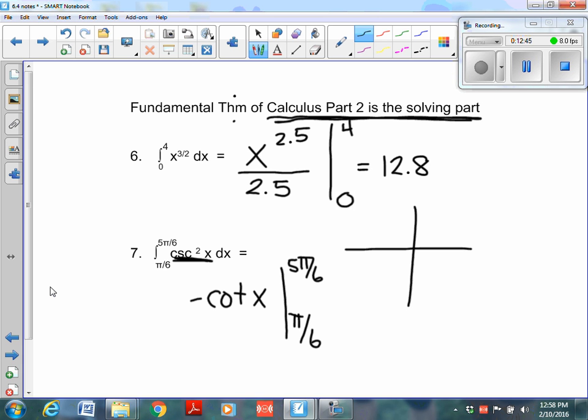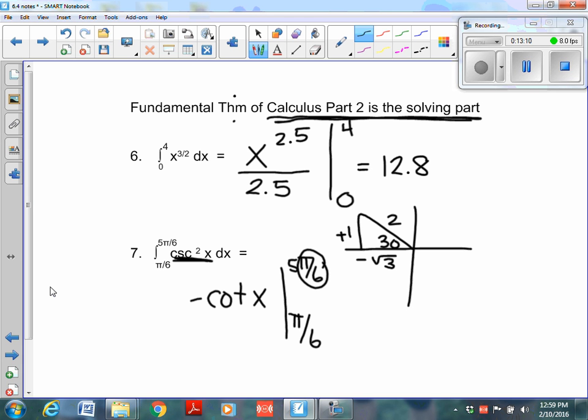I'm hoping you know that pi over 6 is 30 degrees, correct? Pi over 6 is 30 degrees. There's 5 30s, which make 150, right? Opposite of 30 is a negative 1. This is the square root of 3. No, this is a positive 1. And that's 2. What is the cotangent of this picture? Positive square root of 3, isn't it?